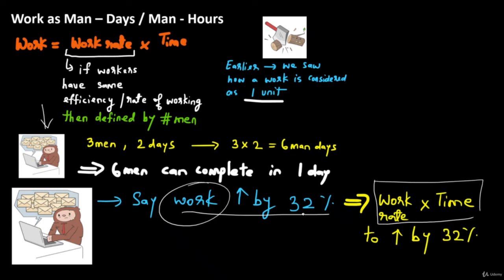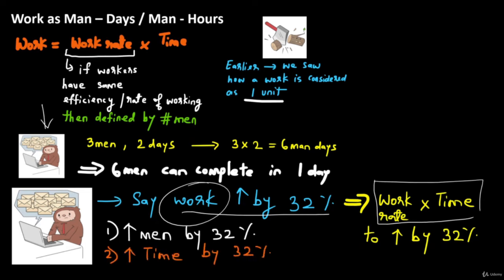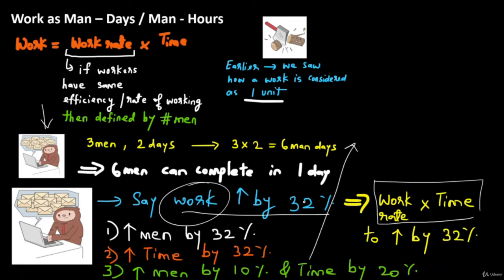Alright, so one way of dealing with this would be keep time constant but increase the number of men by 32%. Or you could keep the number of men constant and increase the time given to complete this work by 32%. Or you can do a combination. For example, you can increase the men by 10% and increase the time given by 20%. Now over here in the third case, what's happening?